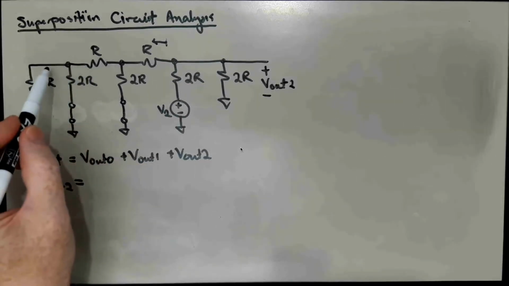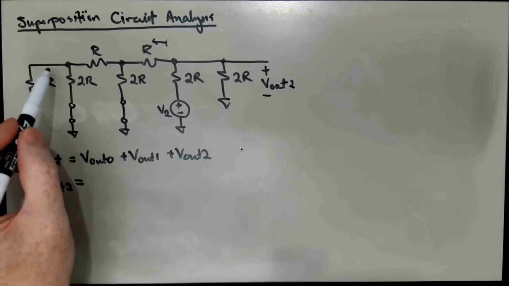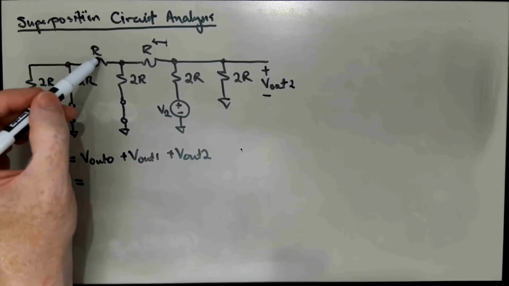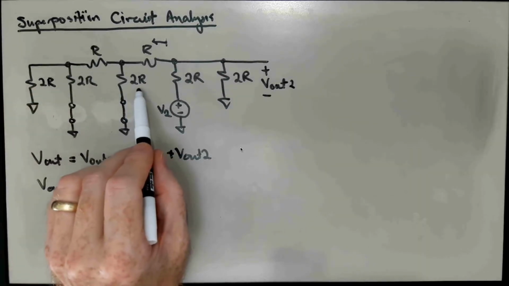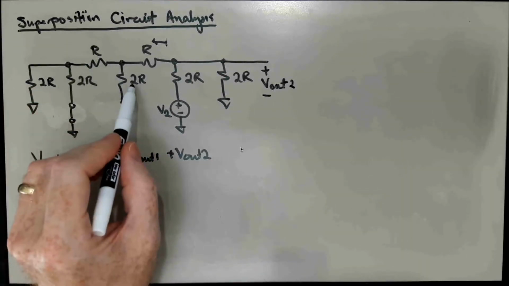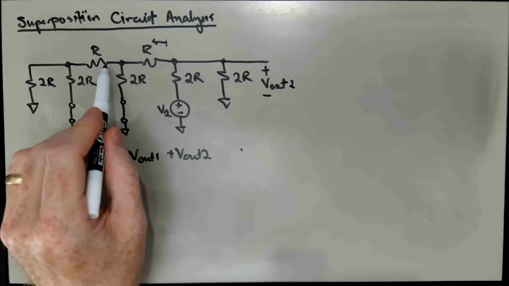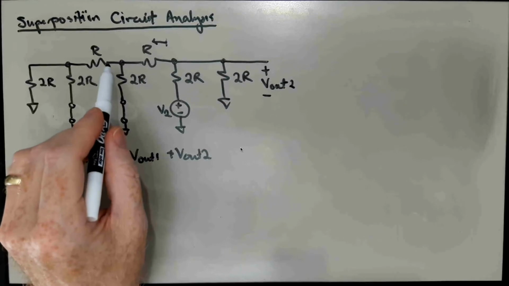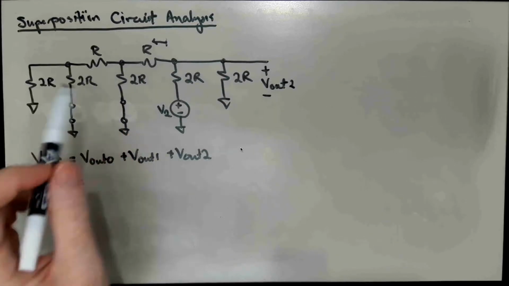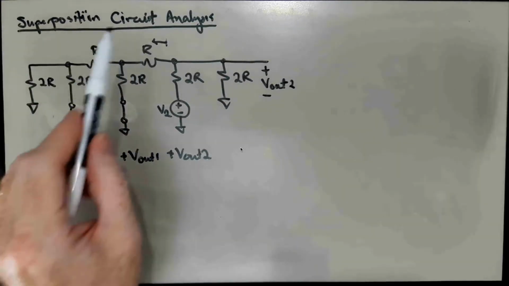R in series with R becomes 2R. 2R then would be in parallel with 2R, so 2R in parallel with 2R is R again. And then we have R in series with R, and so we have a 2R. So, sorry about that.